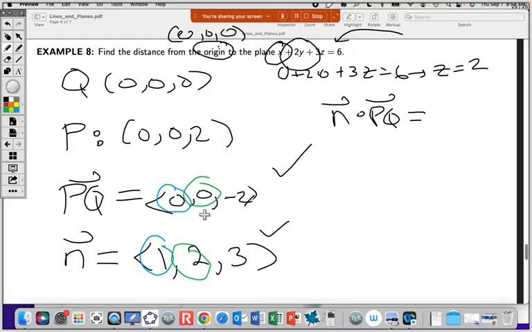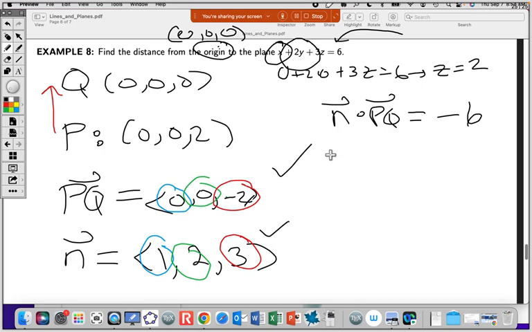PQ is 0, 0, negative 2, because we're starting at P and going to Q. So we multiply the corresponding components, and we add them up. Now, the nice thing here is that the x's and y's completely cancel out. I just get negative 6.